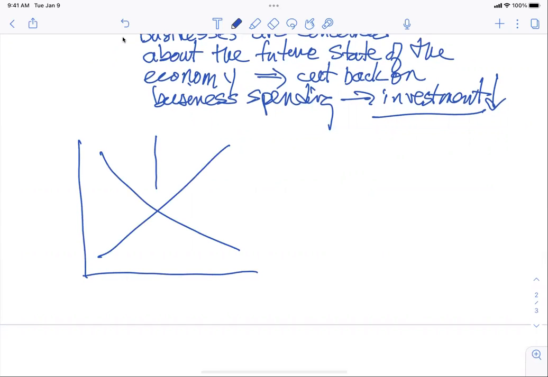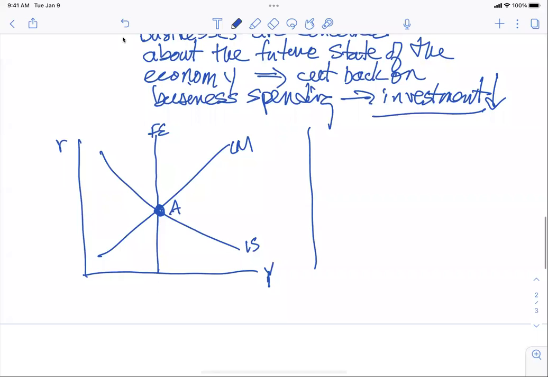So let's look at that. We're going to start with the IS-LM FE, real interest rate, in real GDP. Generally, we're going to start in general equilibrium, in other words, where the lines cross to begin with. We don't have to, but generally that's the case.